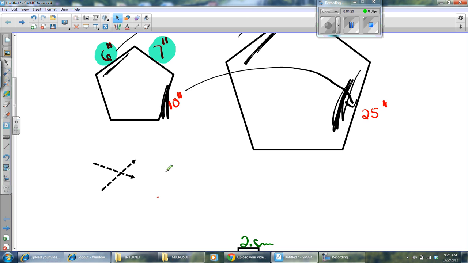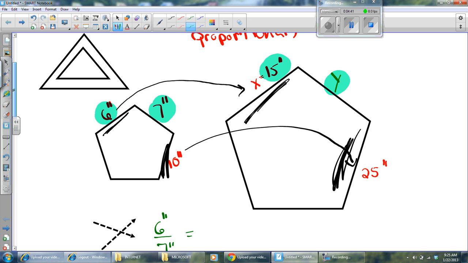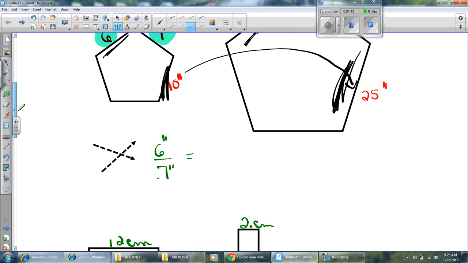So in the first pentagon, my left side is 6 inches. The right side is 7 inches. And I'm going to do left side over right side on the other pentagon. So I'll do 15, and I'll put that over y because I don't know.